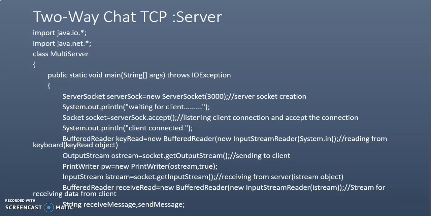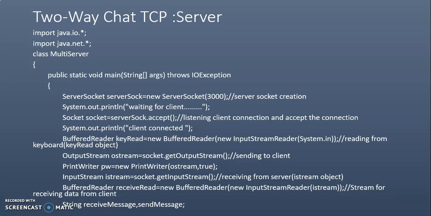Okay, so input stream is also created, instance is iStream, to read the data in order to receive from the server, and buffered reader is bound. Buffered reader object receive reader is used for receiving the data from the client also.